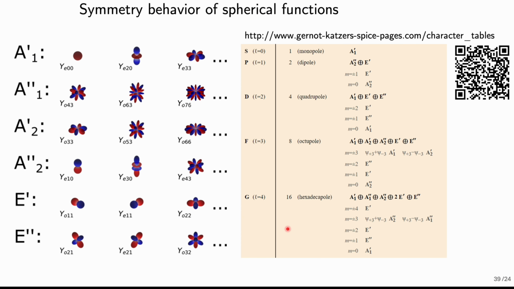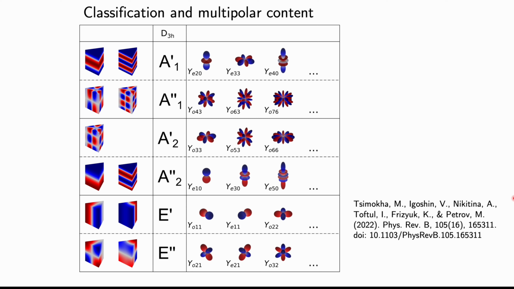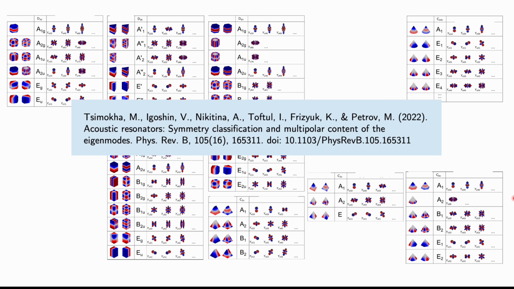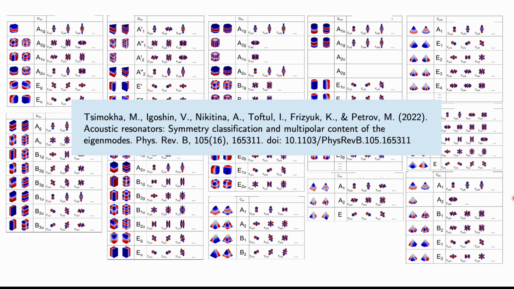So we just open the table, check which multipoles transform as A2U, and conclude. The mode is made of exactly those multipoles, and we get the whole multipolar classification of the eigenmodes. That was for scalar problems and spherical functions. A detailed classification, explanations, examples, and consequences are discussed in our somewhat educational paper.